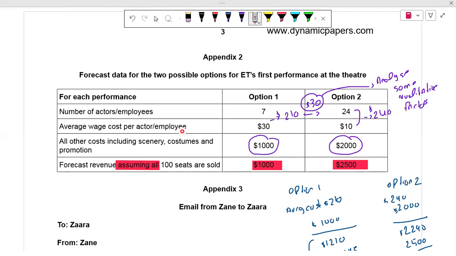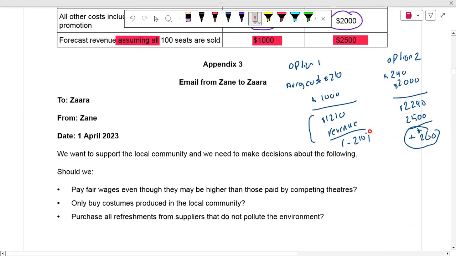Average wage cost per actor is $30, and in this case, it is $10. So we have to spend $240 if we go with option 2, and if we go with option 1, we will have to spend $210 for the average wage cost. We have $1,000 for the other cost in option 1 and $200 in option 2, and we will have only $1,000 revenue in case of option 1, and in option 2 we have $2,500 revenue, and I already calculated the loss and the profit.